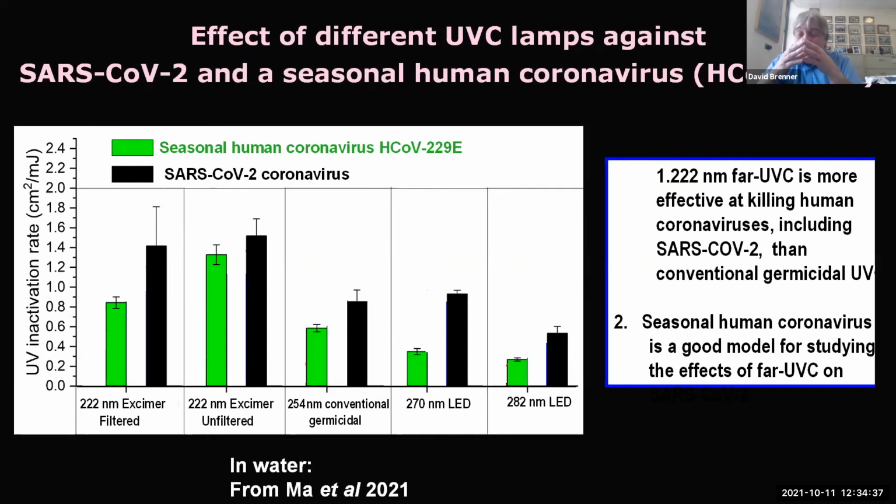I tried at Columbia and no dice. So what we do is airborne studies of seasonal human coronaviruses like the 229E virus. So it's encouraging that using seasonal coronaviruses is a reasonable but slightly conservative model for SARS-CoV-2.